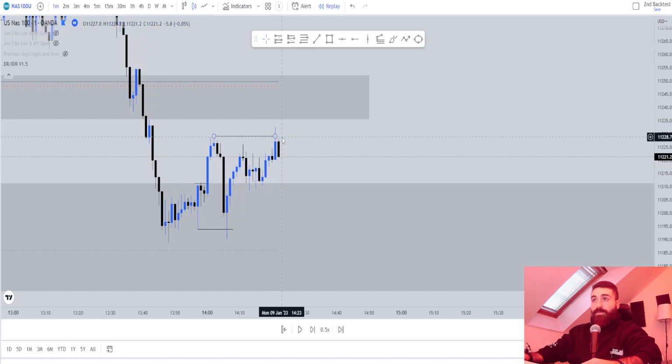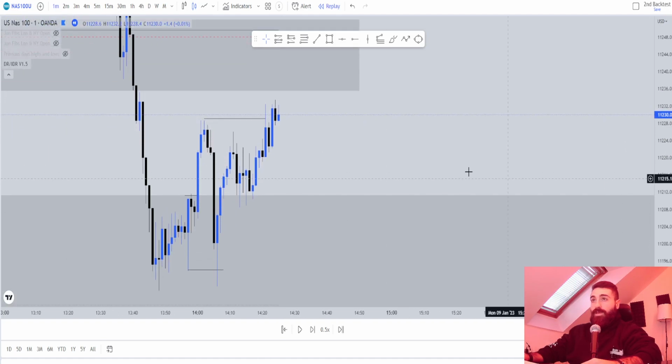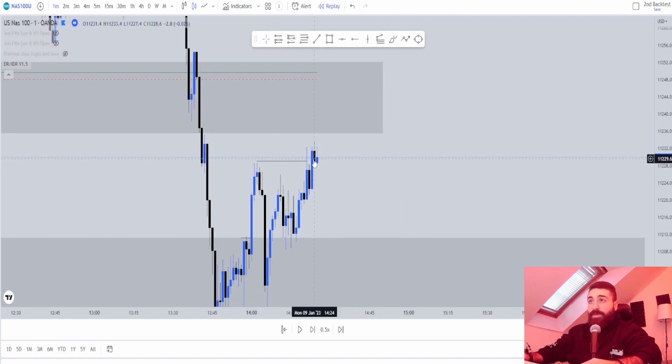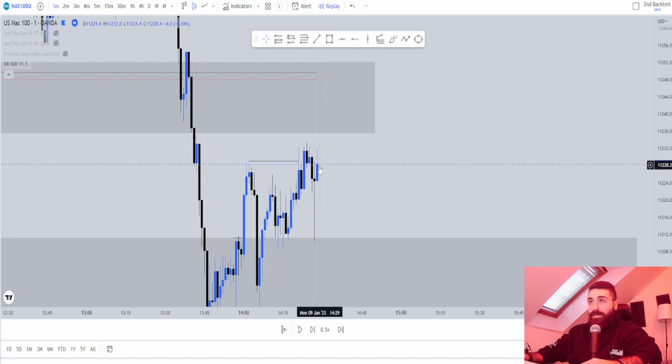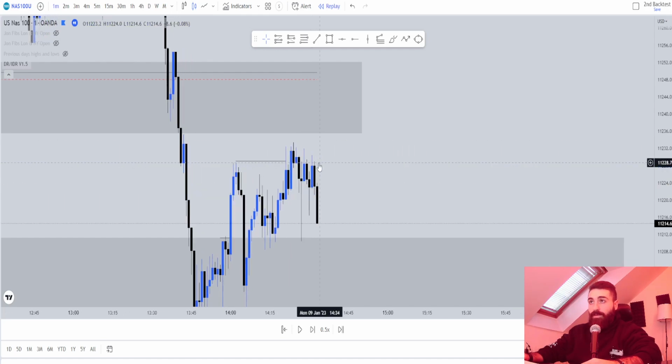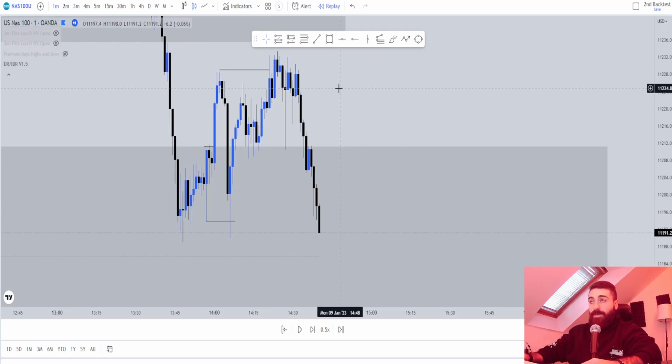If we get that, we're going to enter on the retracement. We did break above it, but not with big intensity. We want to see a big candle close above it. That didn't happen.